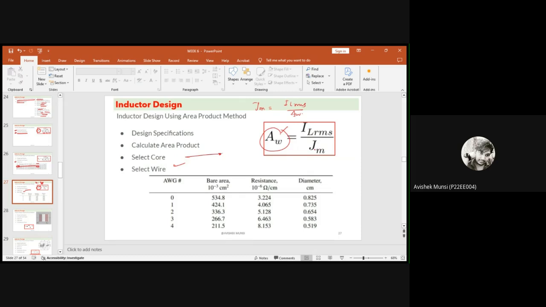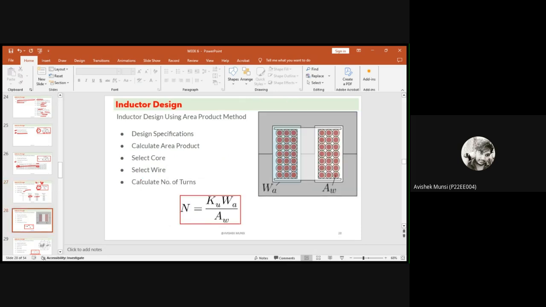After deciding the current density, we have to choose how much AWG we require. For example, if we have got an area product of suppose 534.8, then we have to decide that AWG 0 will be best. Okay, so that is how we have to select the wire.